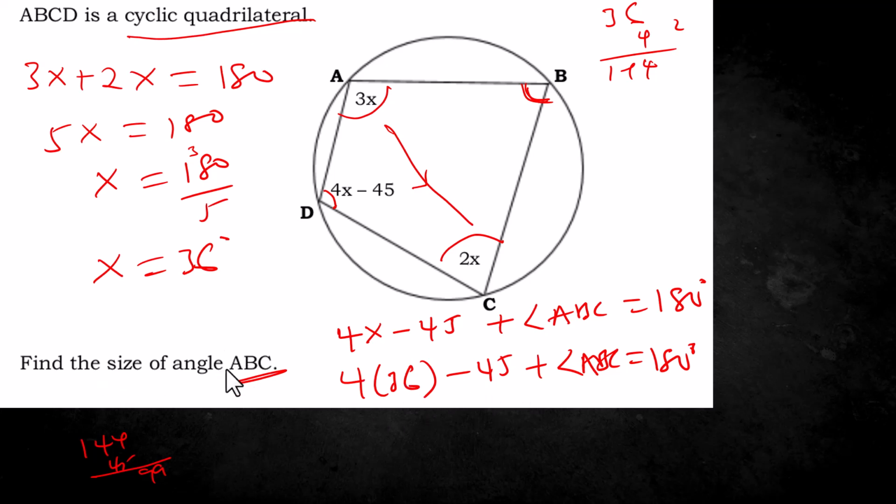Alright, so let me change the color. So we have 99 plus angle ABC equals 180.